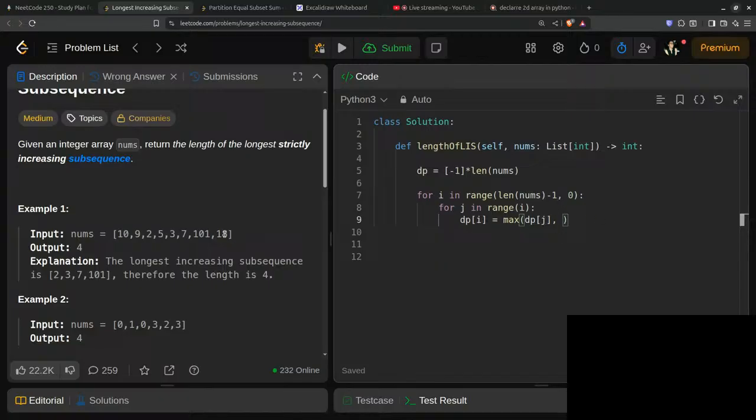So this will go through each of them and check if I should pick this or not.